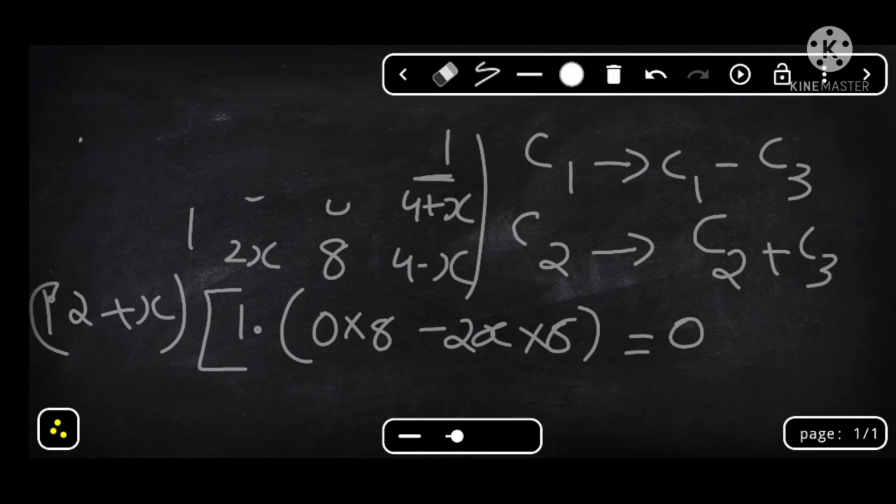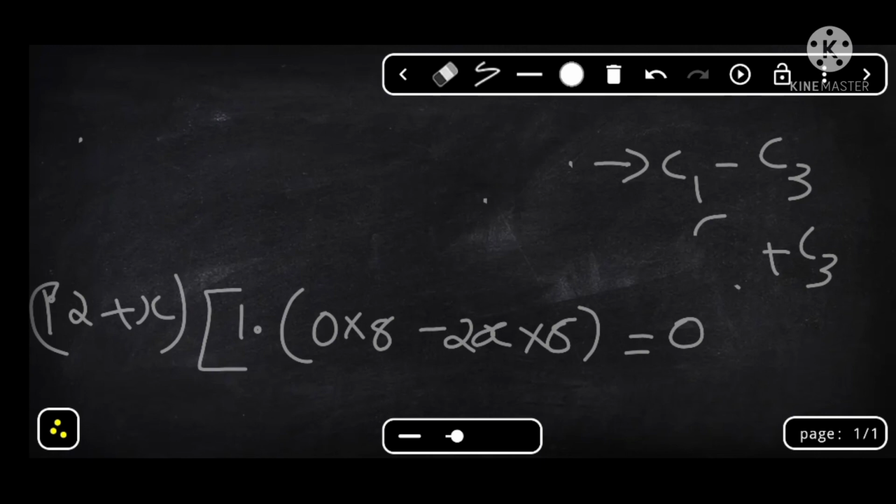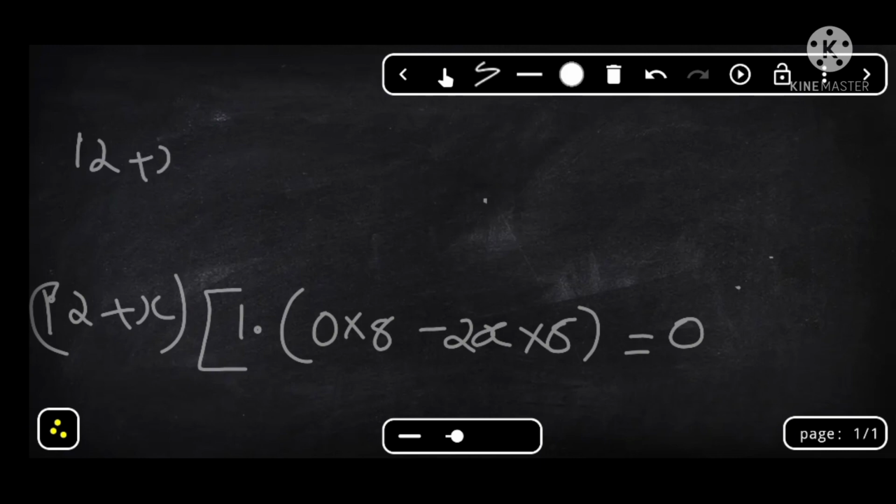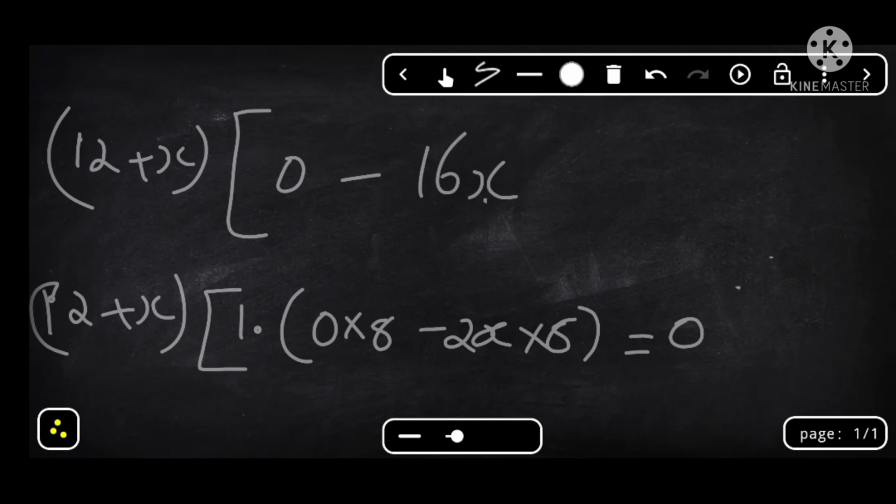So when we solve this, what we are going to get? 12 plus x into 0 minus, so 8 into 2, 16, 16x, right, equal to 0. Okay.